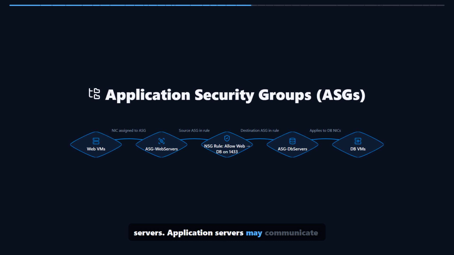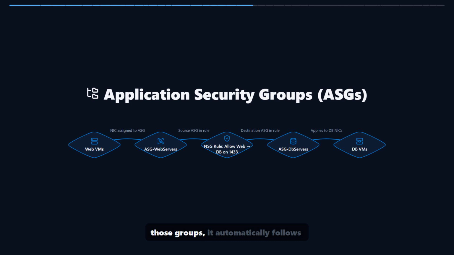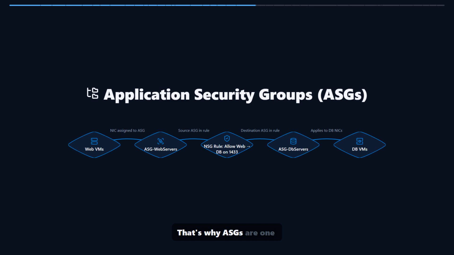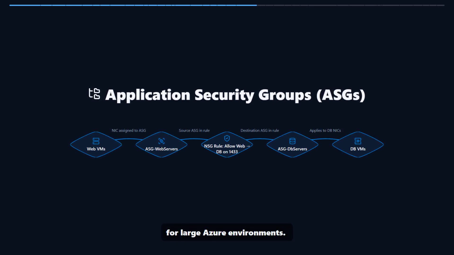Application servers may communicate with databases. Whenever a new virtual machine joins one of those groups, it automatically follows the same security policy without changing a single firewall rule. That's why ASGs are one of the most valuable features for large Azure environments.